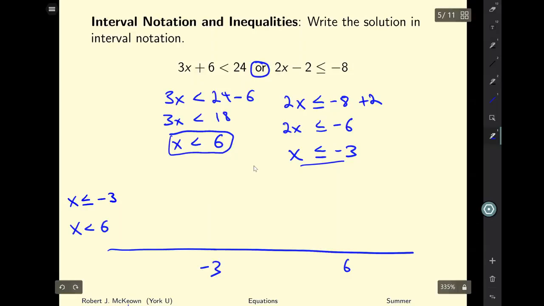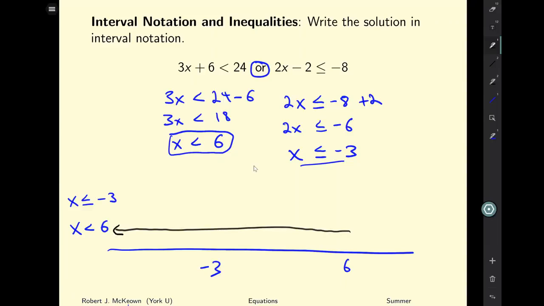And so you can see that if x is less than 6, the inequality is satisfied. But I'm going to draw an empty circle here to represent that this is open. And that's an analogy. You can think of that as that open bracket that we saw previously.